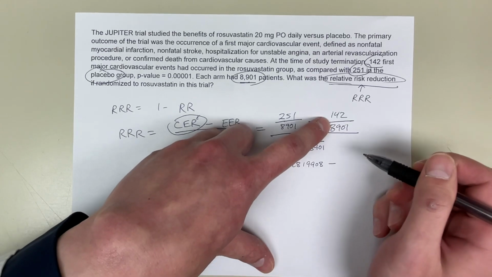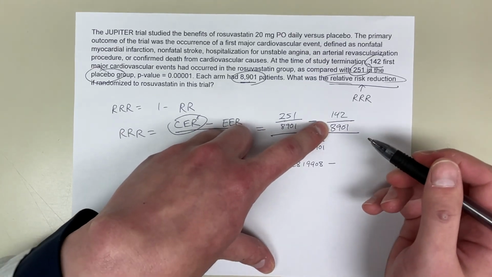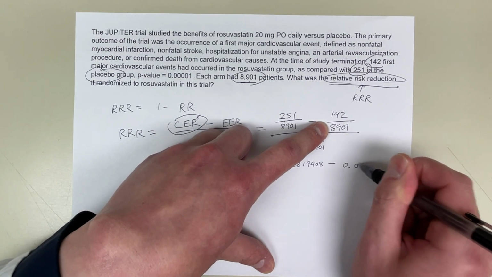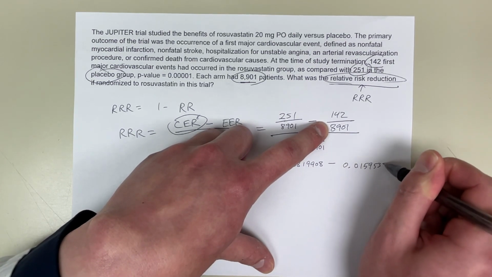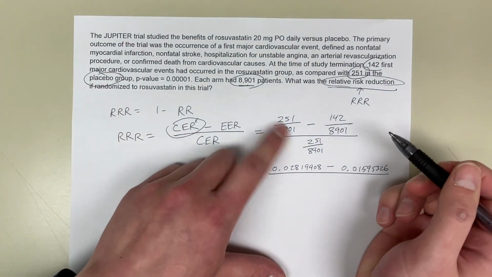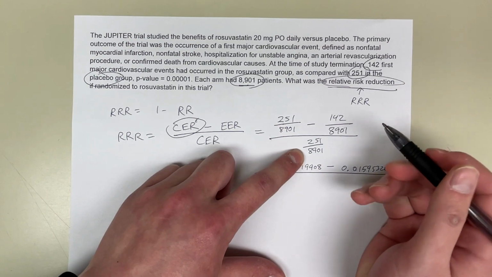Subtract that by this proportion, so calculate 142 over 8901. That equals 0.0159536. All divided by the same proportion that I calculated earlier, 251 over 8901.